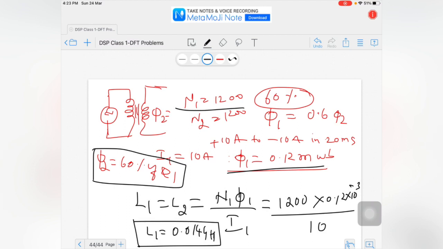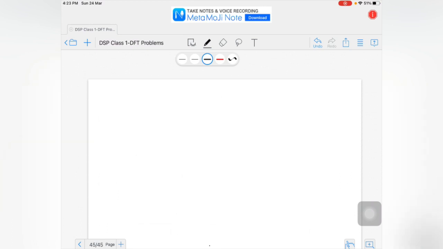Now I will go to the next point, the EMF induced in both the coils, E1 as well as E2. For E1, which is self-induced, we know the formula: E1 is equal to minus L1 into di1 by dt, which is minus 0.0144, the value of inductance we have calculated. What is di1, the rate of change of current?